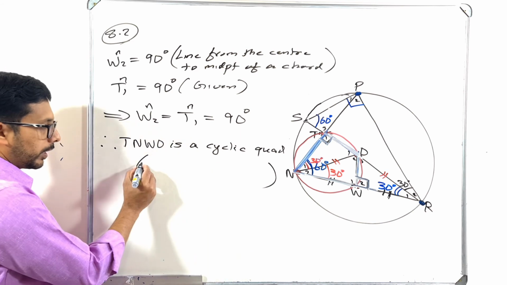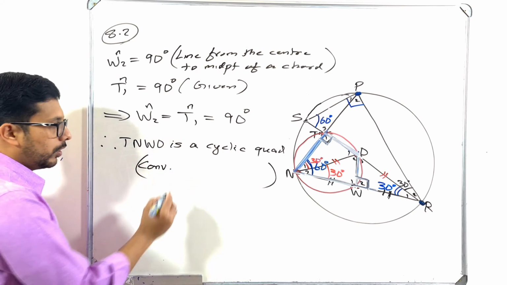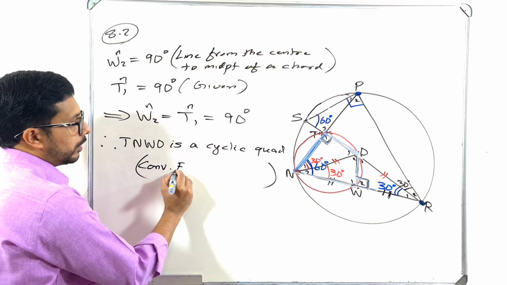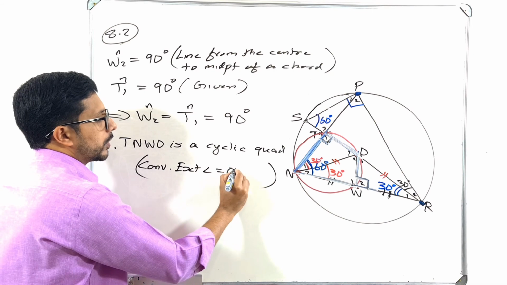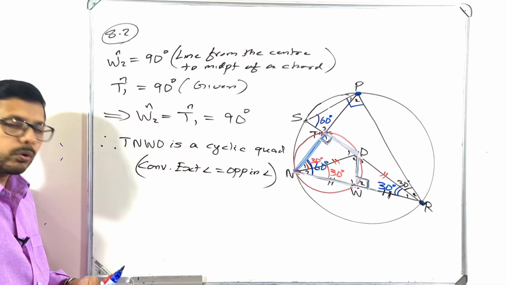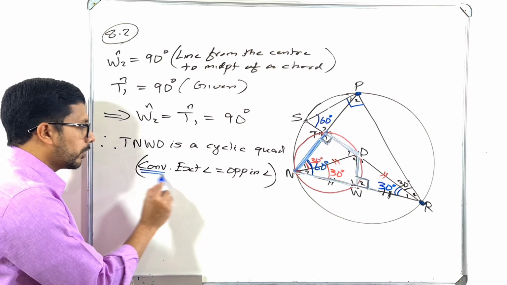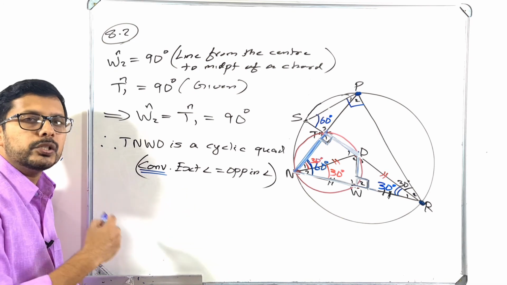Okay, so let me write here like this, then after that I will explain. Converse of exterior angle is equal to opposite interior angle. Okay, why we wrote this converse? It is a must that you write it like this, and I told you when you want to write.